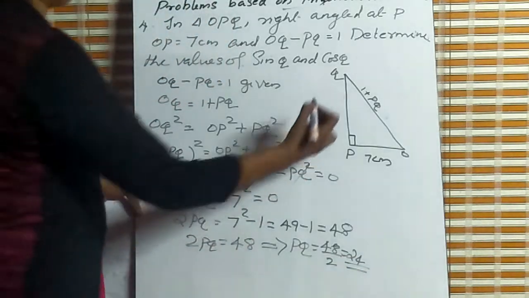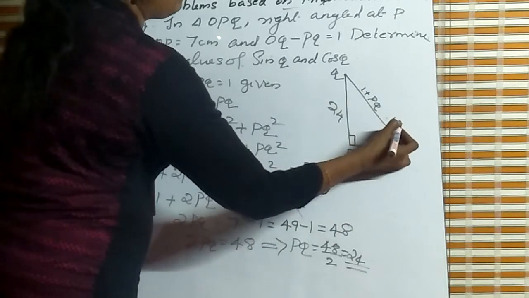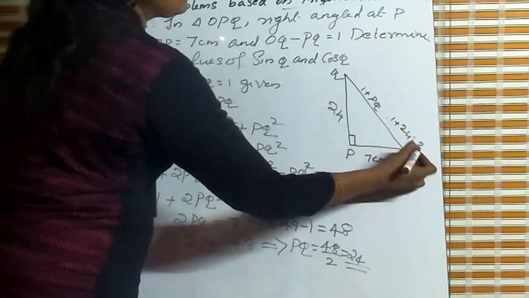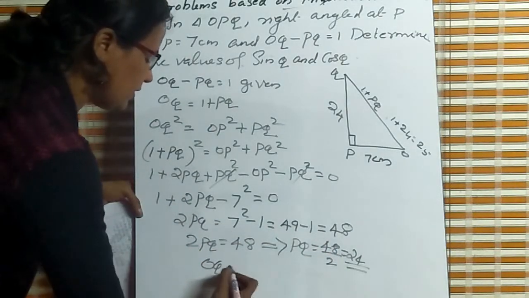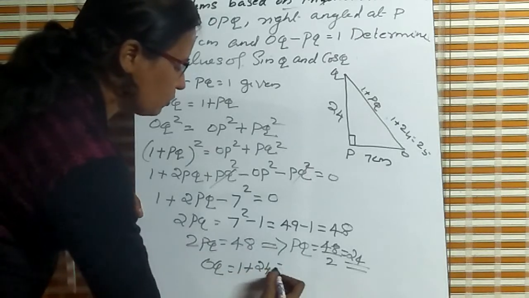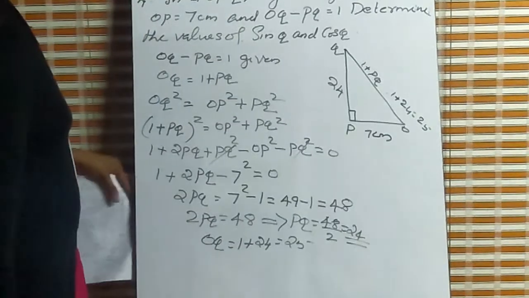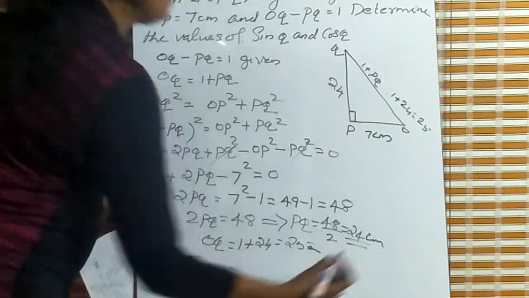PQ is equal to 24 and OQ is equal to 1 plus 24, equals 25 centimeter.